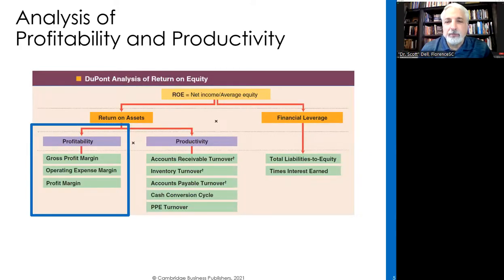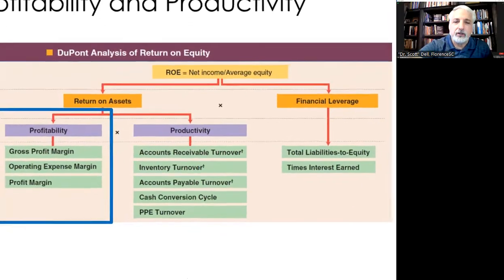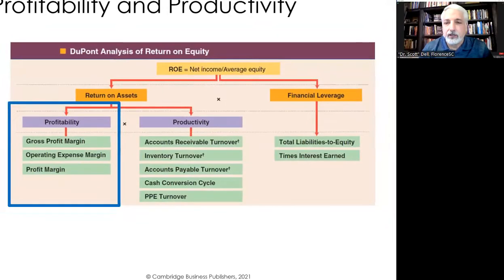Okay, so we're separating, and this chart actually brings out a little bit bigger picture of how we're separating things out. So we have return on equity with the financial leverage on the far right, total liabilities to equity. And then we have times interest earned, one of those measurements of how we are able to pay the interest obligation. There's a ratio associated that we'll see the formula for in a little while. On the ROA side, we have profitability.